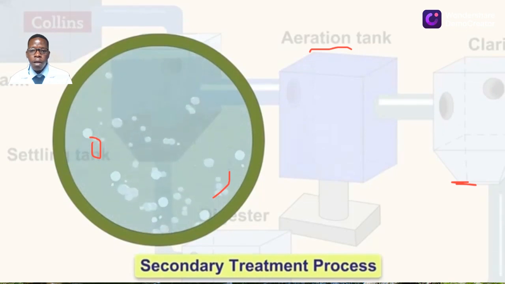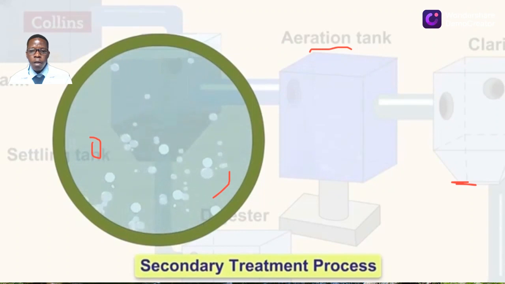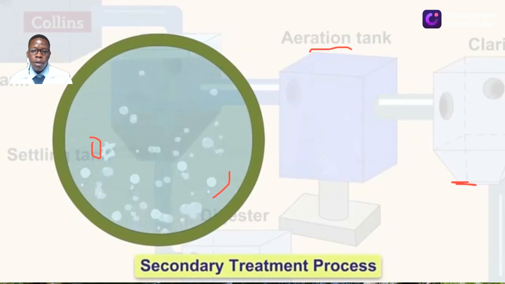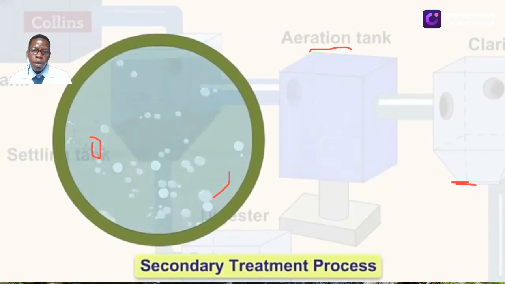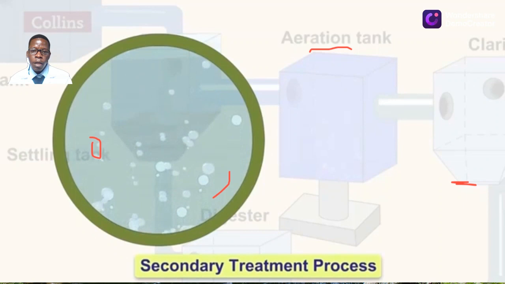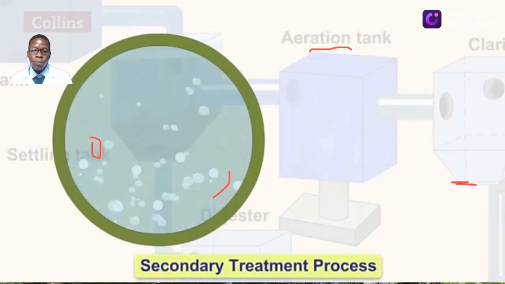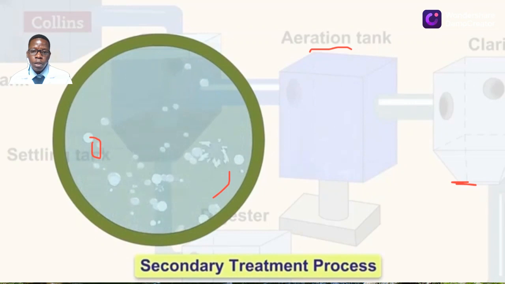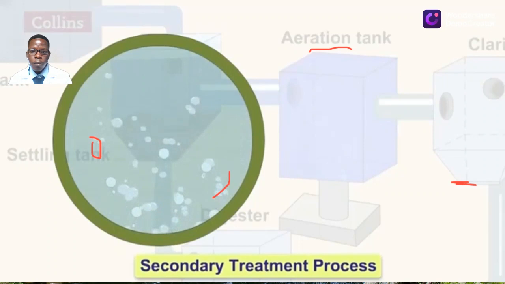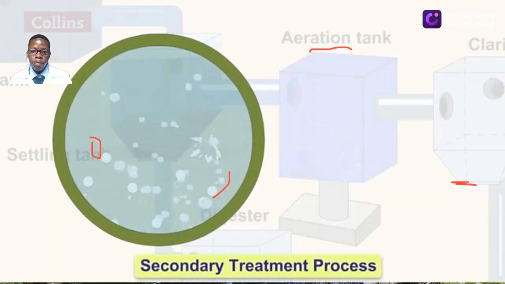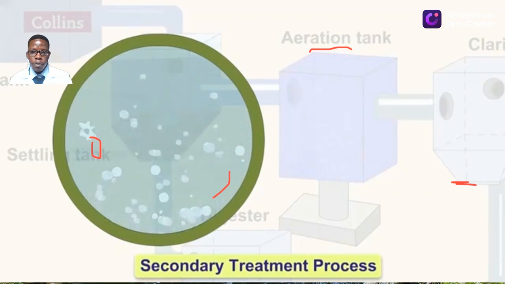So we have had our primary clarifier, and now we shall have our secondary clarifier. Remember what happened in the primary clarifier under primary treatment was settling down of the large solid organic particles into sludge and the formation of scum at the top, which are scraped off by the scrapers, and then directed into the digester.